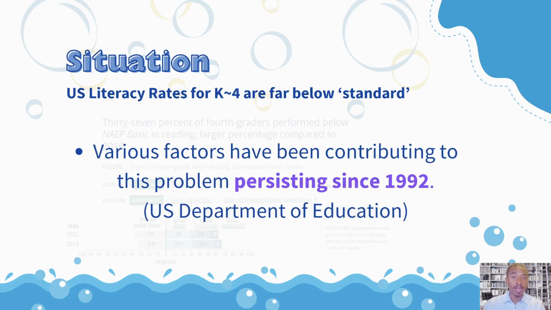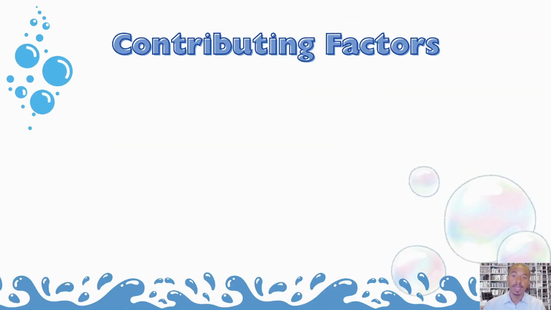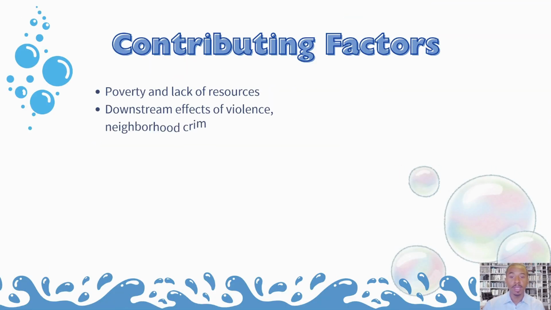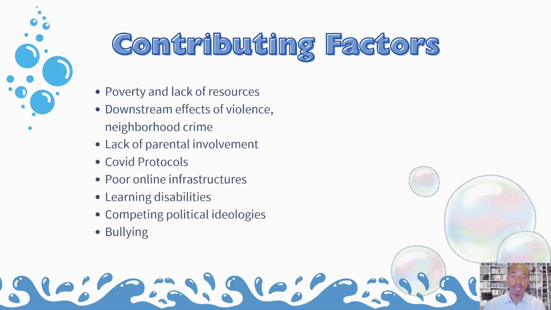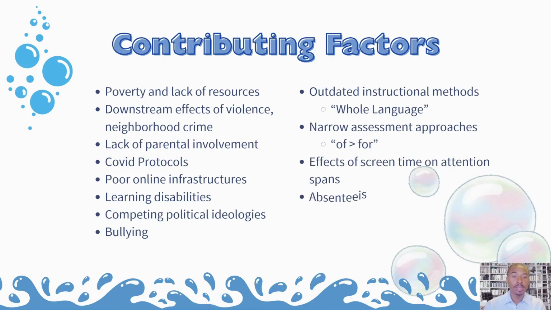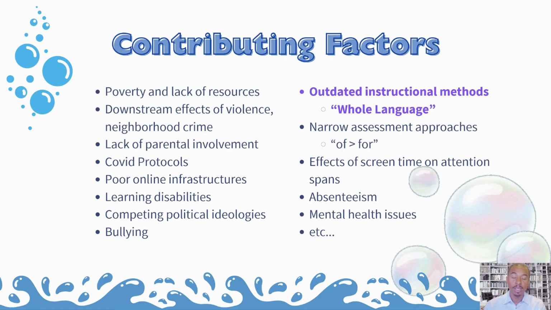This problem has been persisting for over 30 years now, and so I wanted to try addressing this issue with my design project. There are so many reasons and factors contributing to this, but I'm only going to focus on two in particular with my design: outdated instruction methods and narrow assessment approaches.